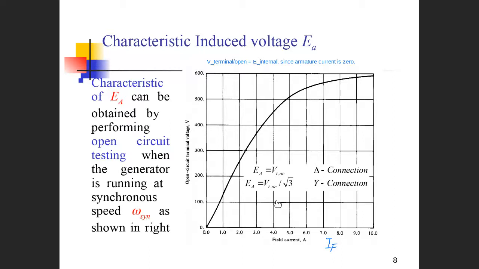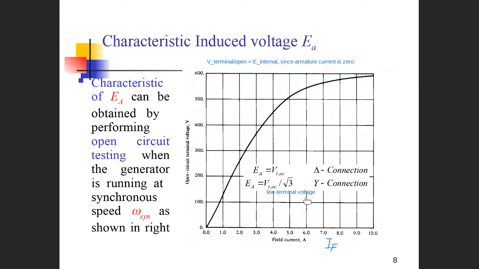Now, if the generator itself is a star connection, what you measure is the line terminal voltage. What you measure is always the line terminal voltage.